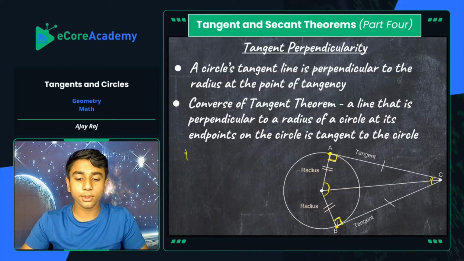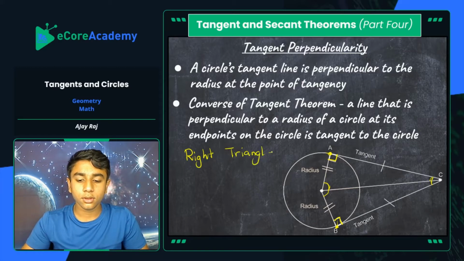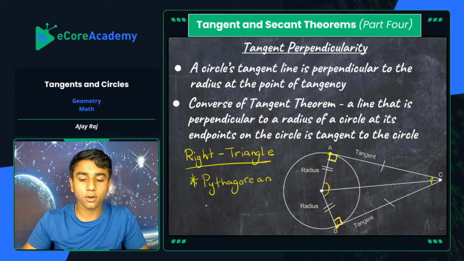So it's going to be a right triangle here. That's an important property. It's going to develop a right triangle. And you can also use your Pythagorean theorem as well.